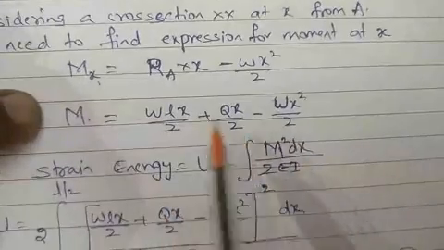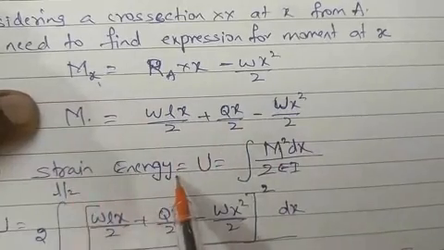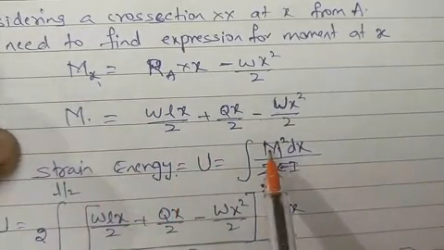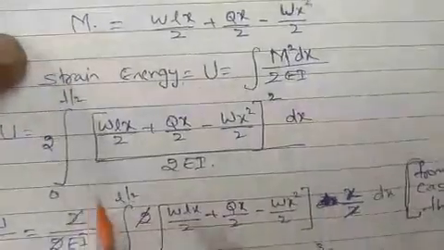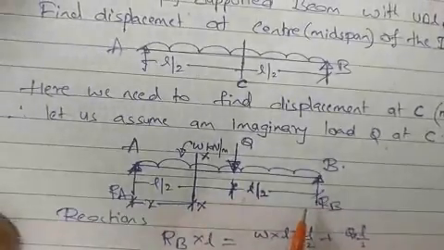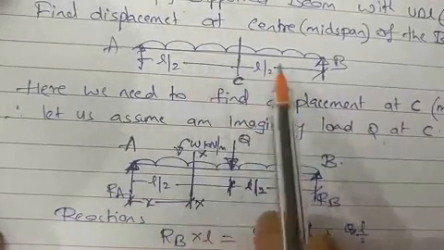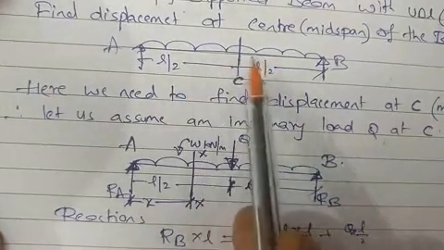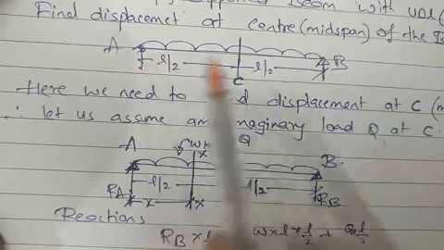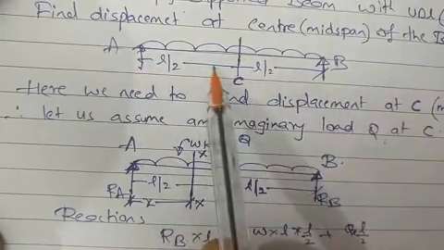Now we have to substitute this moment in the strain energy equation, in place of M. Here it is symmetric. Left side and right side we have the same forces.